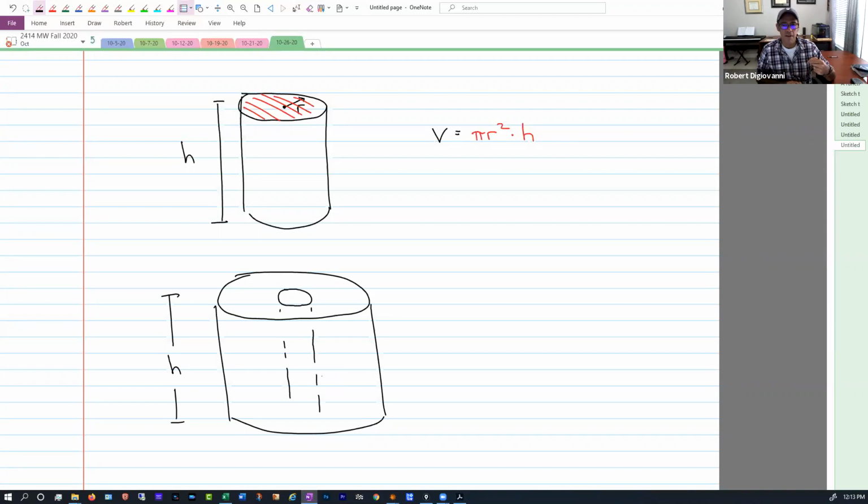I'd like to see if we can come up with a formula for the volume of what's left. So if we do this, there's three things we need to know. We need to know how tall it is, which we would be given. We need to know the radius of the big can, which I'm going to call R out. That's the radius of the outer cylinder. And then the radius right here, which I'm going to call R in.